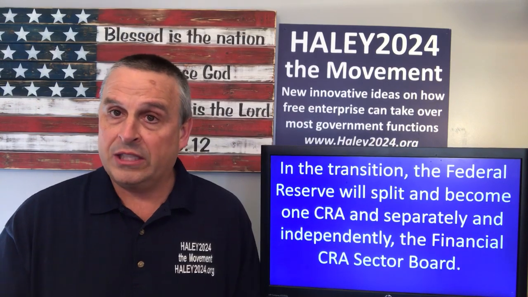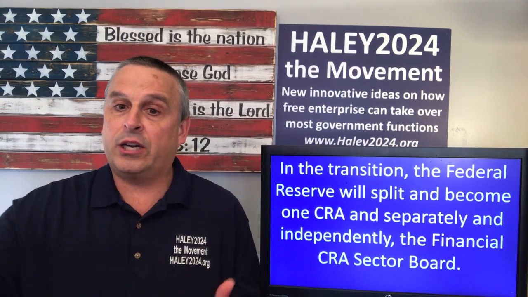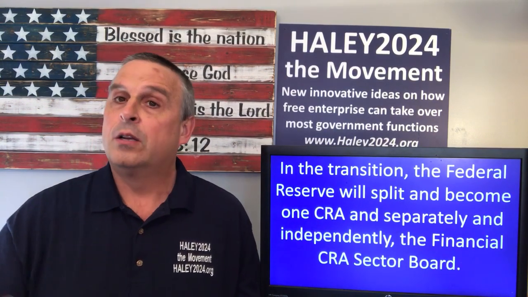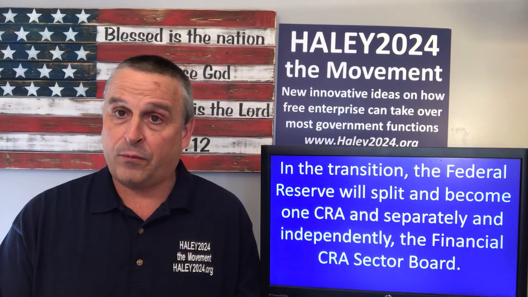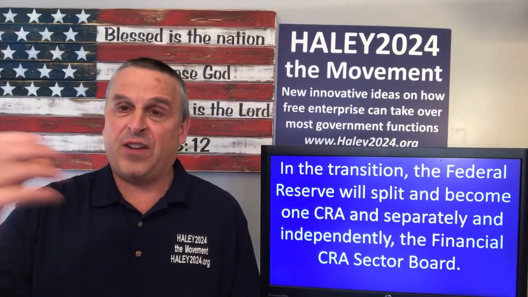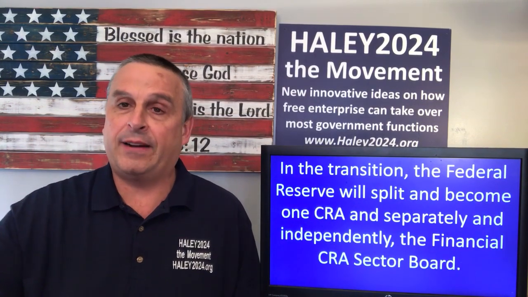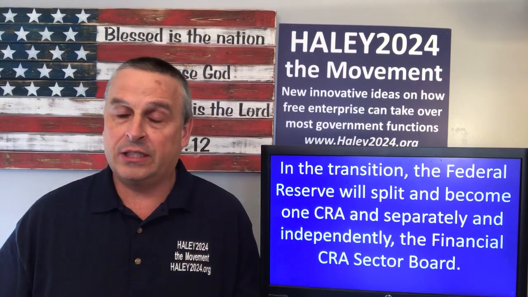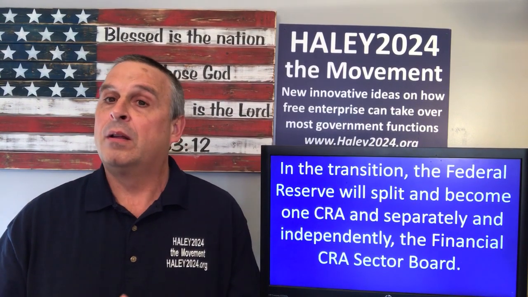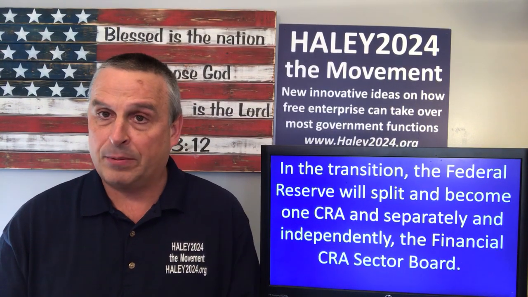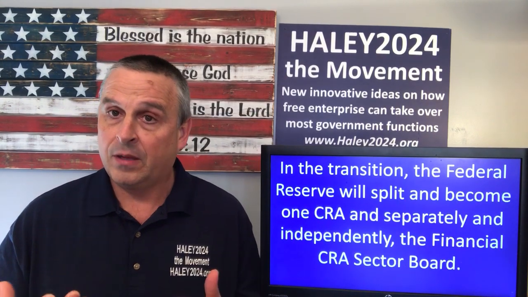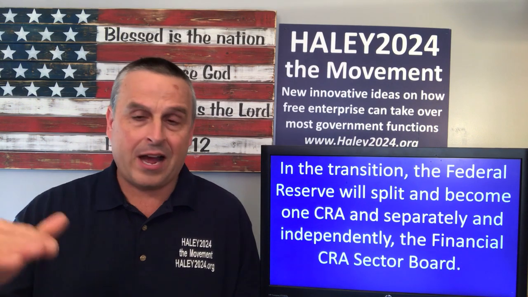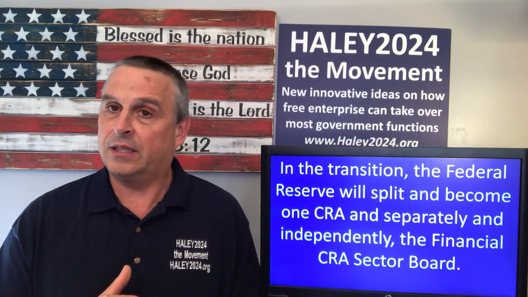Then through the transition, all the CRAs are going to start making up the Financial Sector Board, the representative body. At the beginning, the Federal Reserve will be the representative body, but quickly, as the banks develop the CRAs, they're going to send representatives and be in charge as a representative body. But at the sector board level, it's more for organizational purposes, not a lot of control over how the banks do their business.